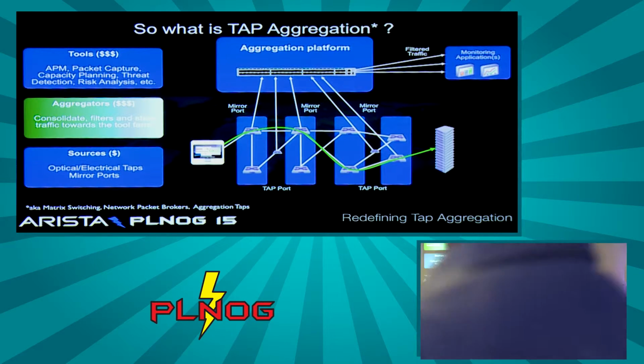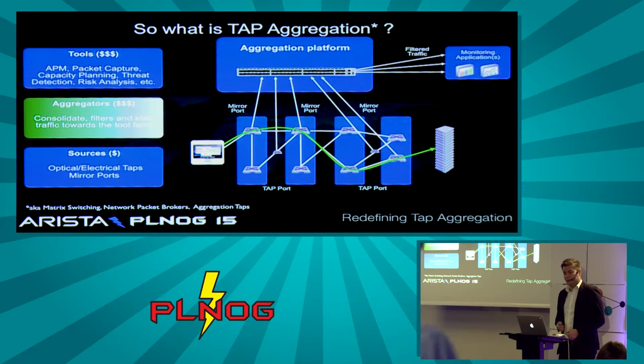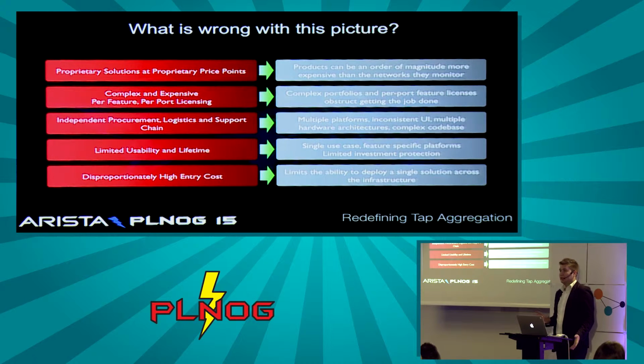You may have also heard these devices known as matrix switches, packet brokers, aggregation devices, and so on. So this is really what we want to get to, but unfortunately, in the traditional solutions, there are a wide range of stumbling blocks here.